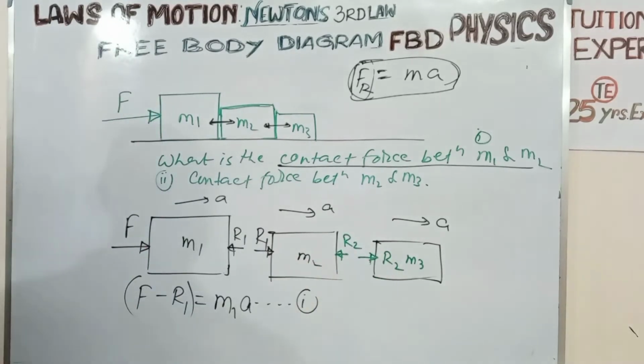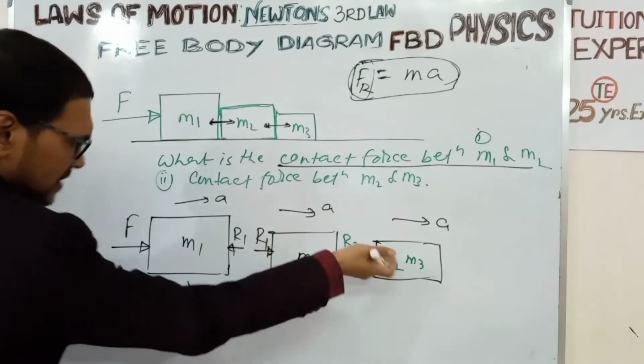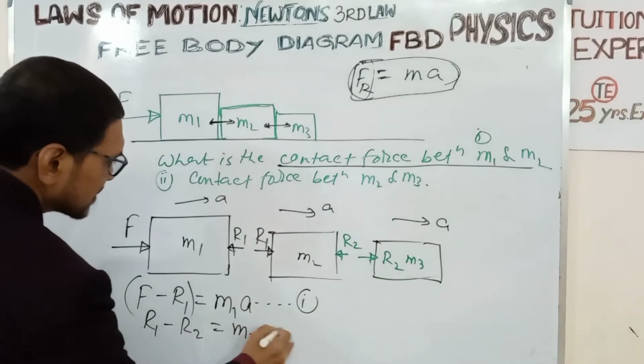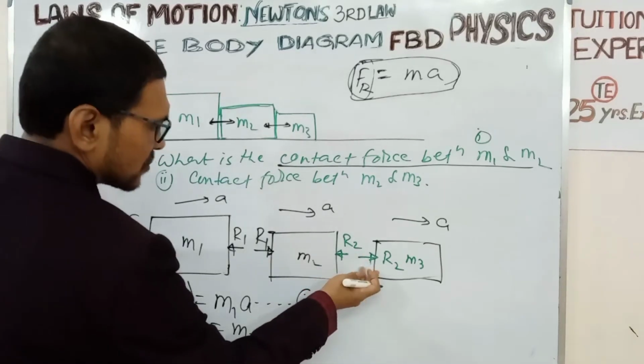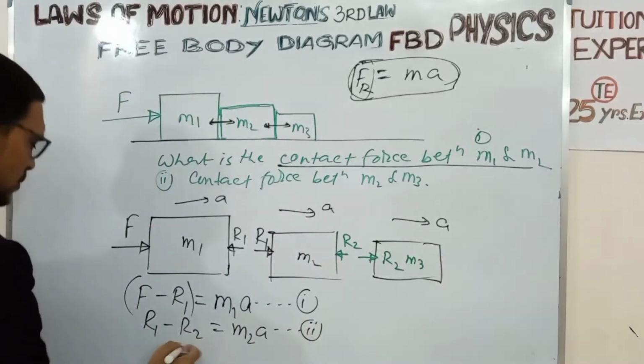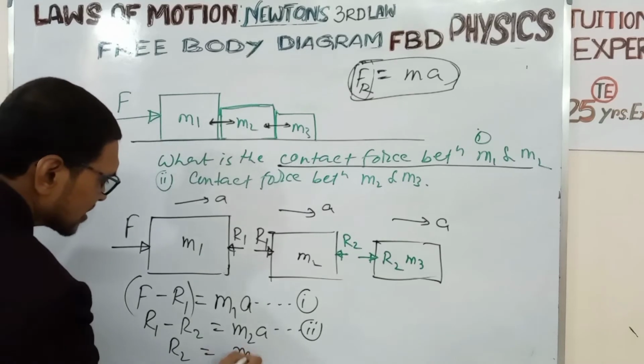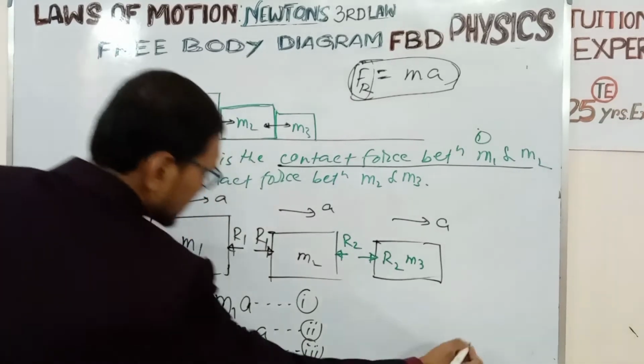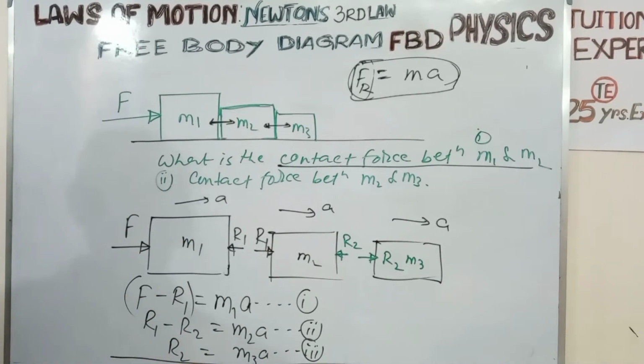Now for the second block, R1 in this direction, R2 in this direction. So R1 minus R2 equals m2a, and here only force R2 is present, so R2 equals m3a. Now if we add, the internal forces cancel.